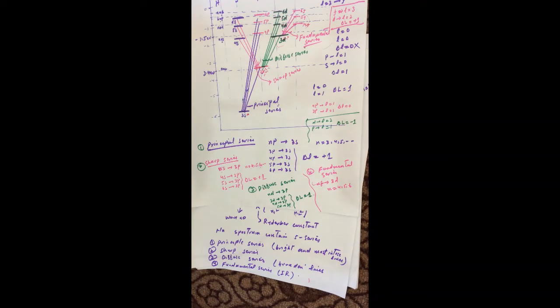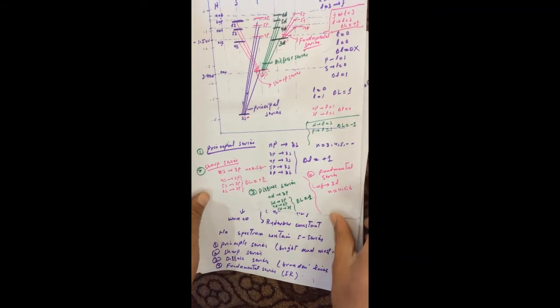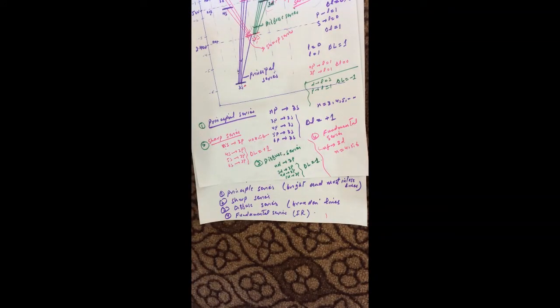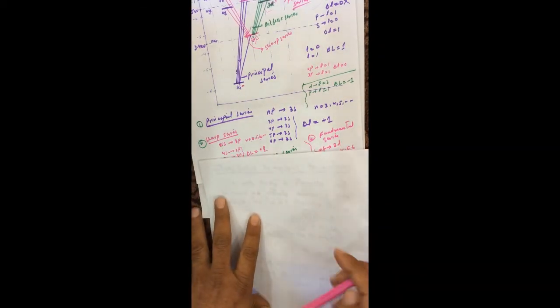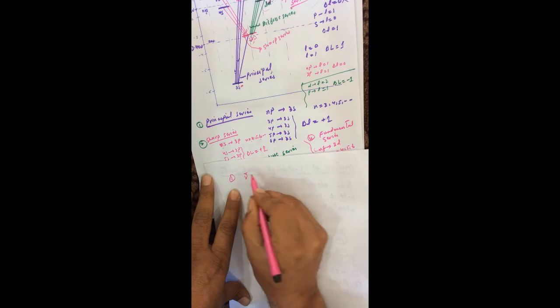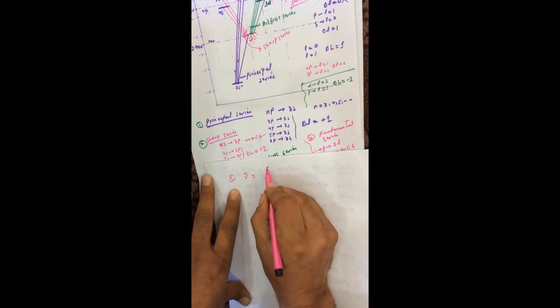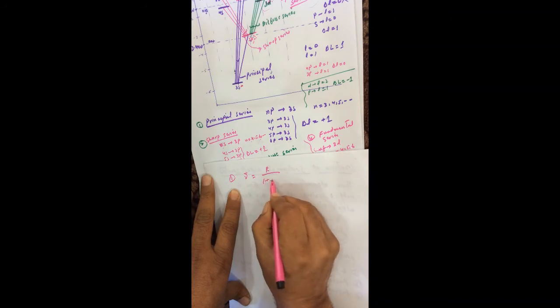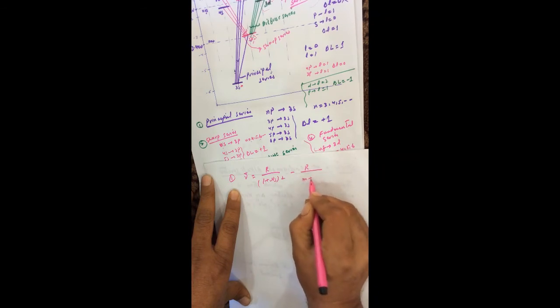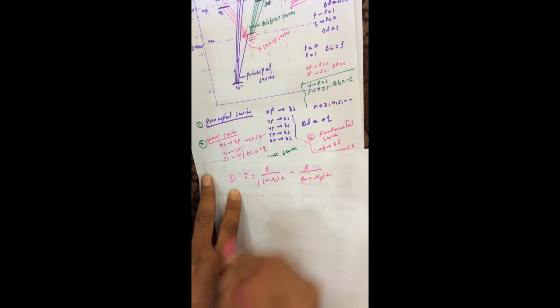Now we can write the expression for the calculation of frequency of these spectral series. For the principal series, the wave number is equal to R over (1 plus mu s) square minus R over (n plus mu p) square.